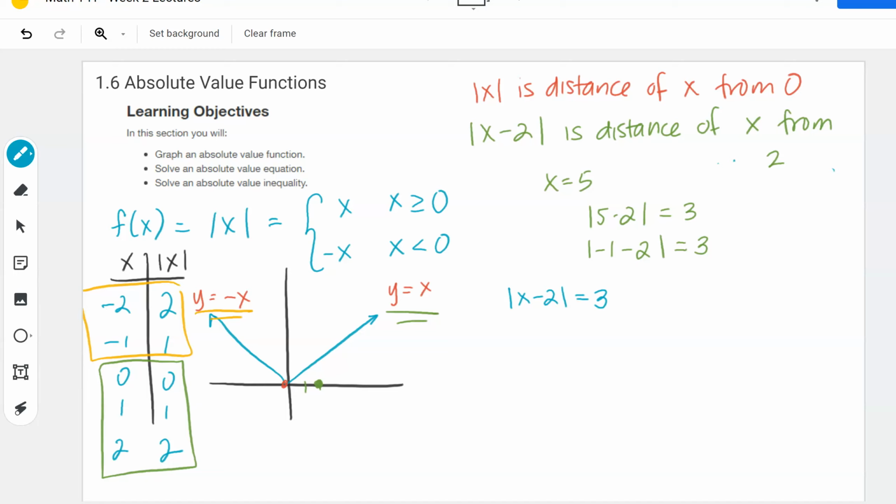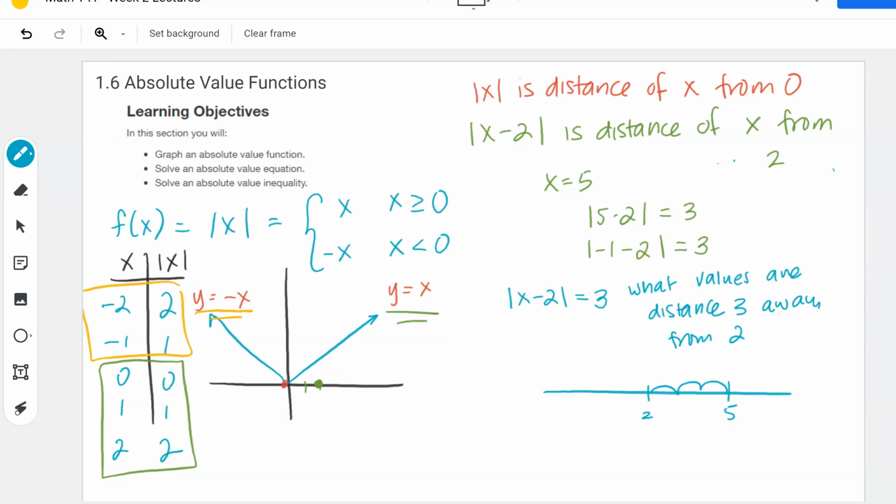It's basically asking in words what x's, what values, are a distance of 3 away from 2. So you could start with your number line at 2, and then you go 1, 2, 3. I'm over here at 5. 1, 2, 3. I'm over here at negative 1. Those are my two solutions to this particular absolute value equation.